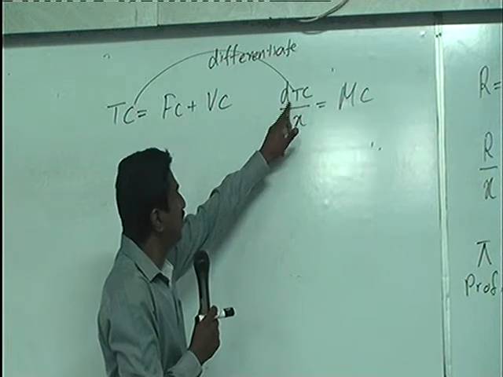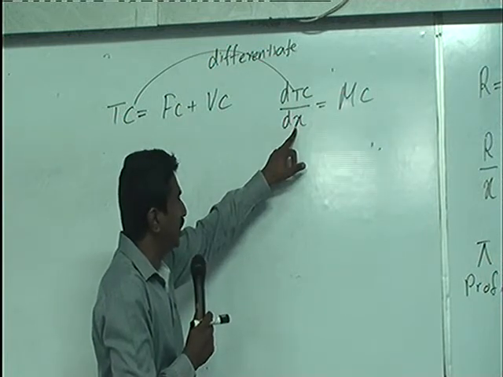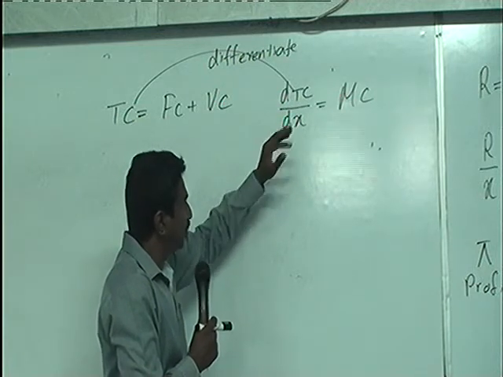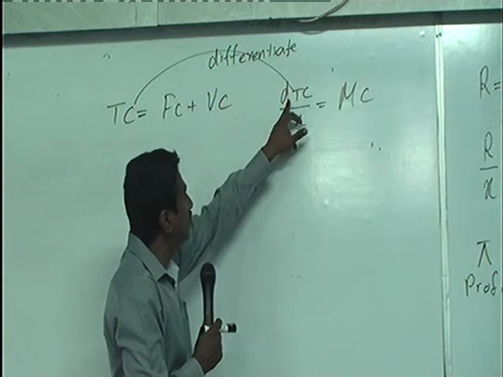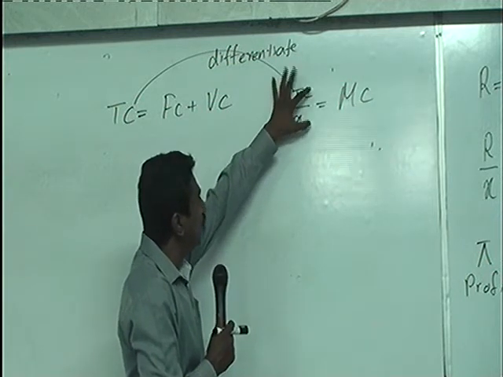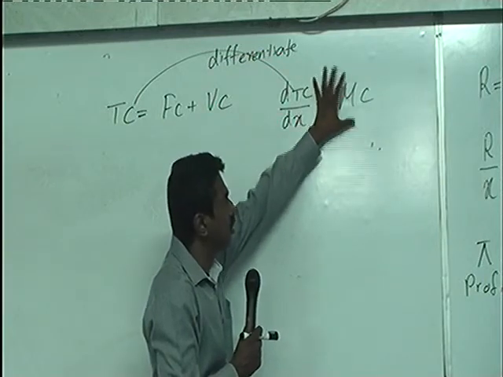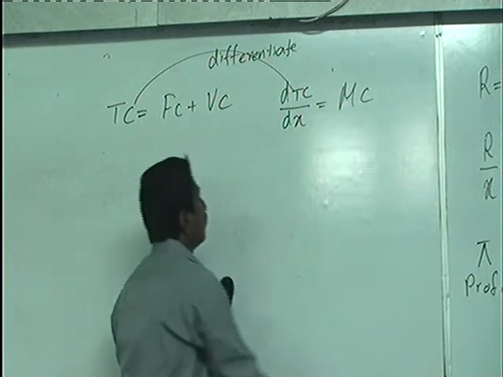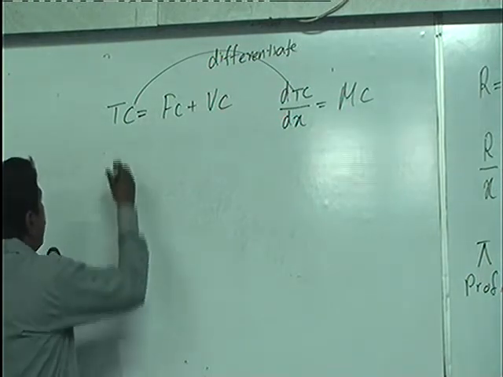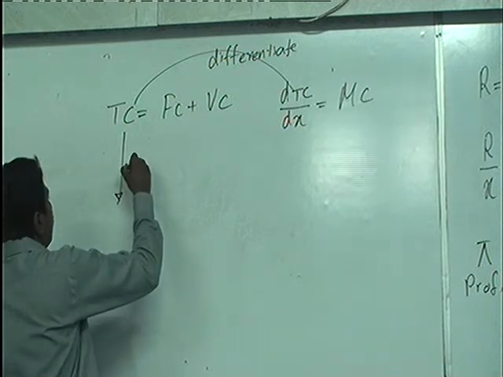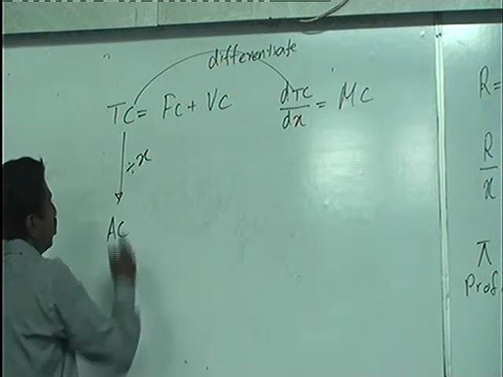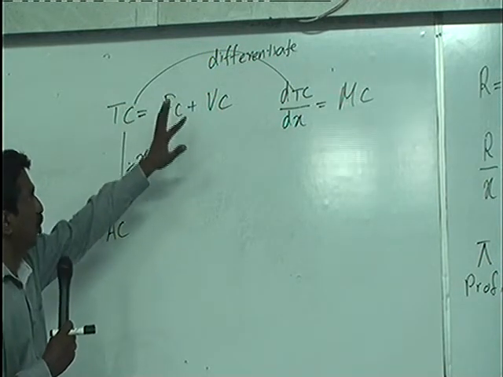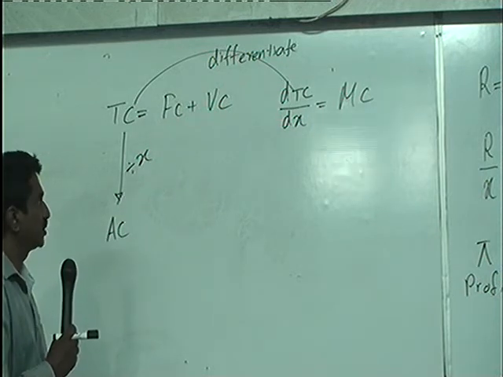Total cost function differentiated with respect to the quantity. This may be X, this may be quantity Q, whatever the example depends on. Now, when you divide by the quantity, you are getting average cost. So what is important here: when you differentiate the total cost, you are getting marginal cost.